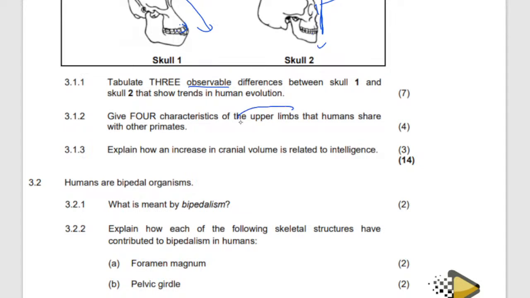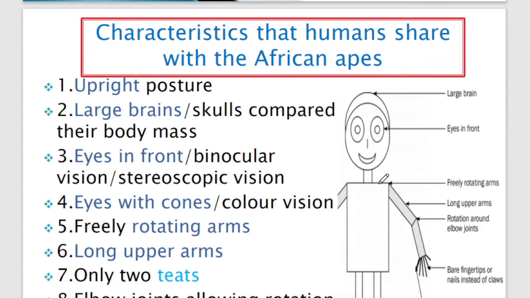The upper limb, upper hands. I don't know whether we have the lower hands. The upper limb, that's what you are supposed to talk about. Then you go back to this book, which is showing you very clearly. Yes, check.